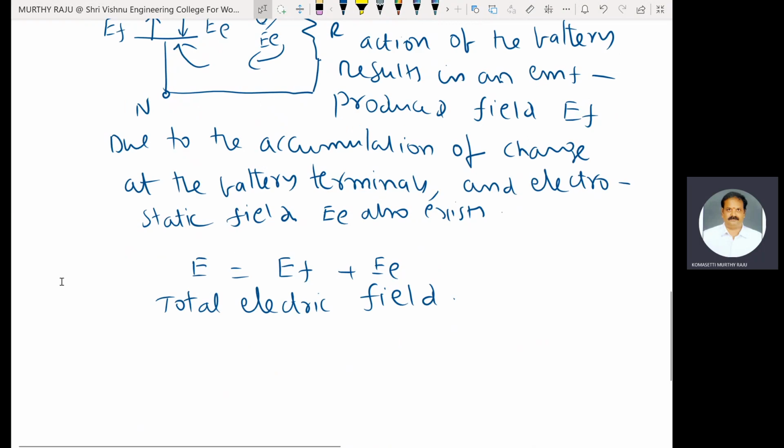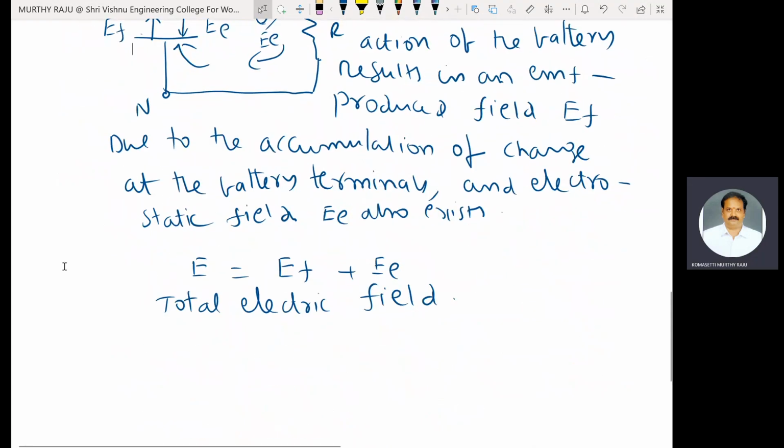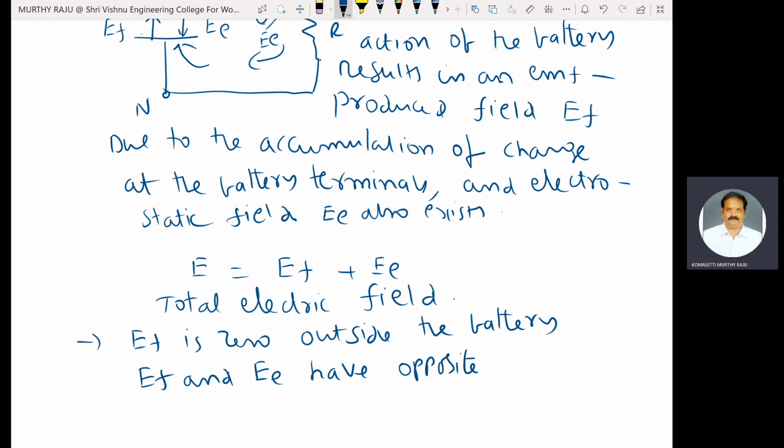E_F and E_E have opposite directions in the battery: E_F direction is upward and E_E direction is downward.